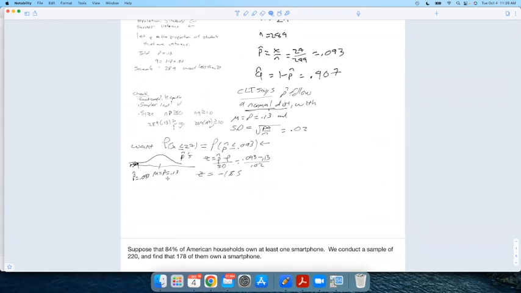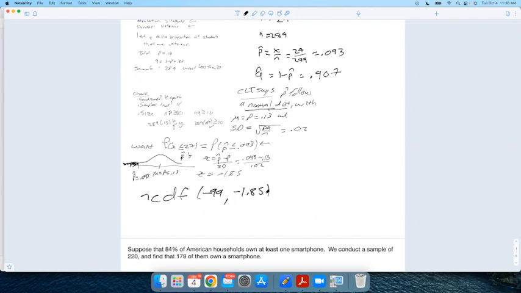Okay, now that we've got our z-score, it's always the same. It's always draw the picture, find the z-score, and normal CDF. The smallest thing I shaded goes all the way down to negative infinity, which we write as negative 99, to negative 1.85. Smallest thing I shaded to the largest.